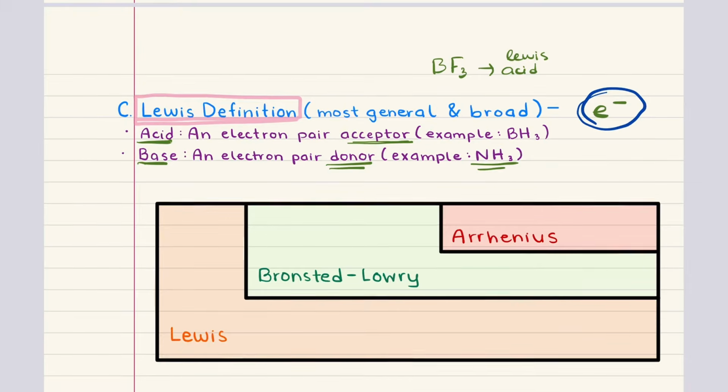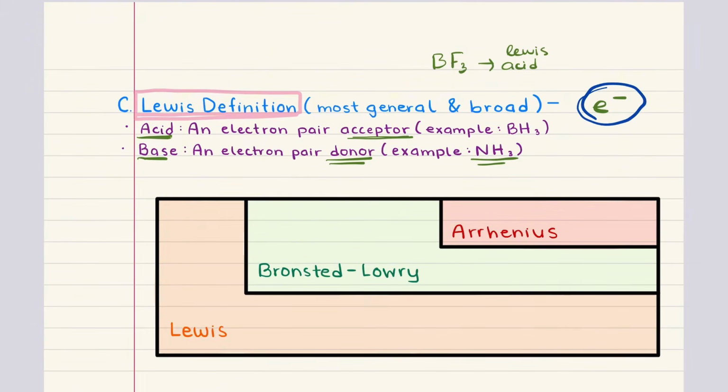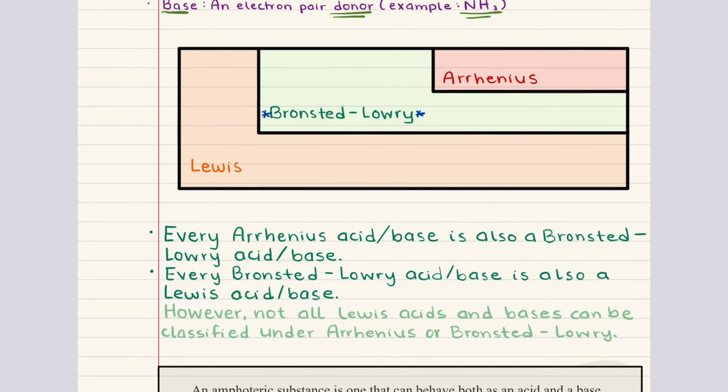In our course, again, we're going to be focusing on Bronsted-Lowry acids and bases. But if you're wondering how these definitions relate to each other, here's a good way to think about it. The Arrhenius definition is the most narrow. It only applies to acids and bases in water. The Bronsted-Lowry definition is more broad because it applies to proton donors and acceptors in any solvent.